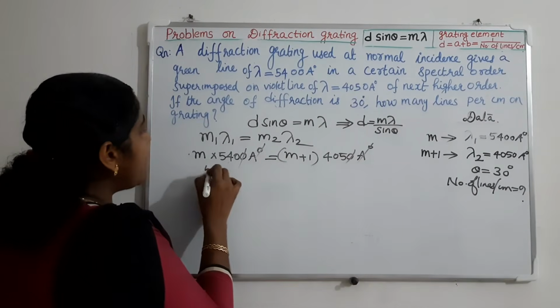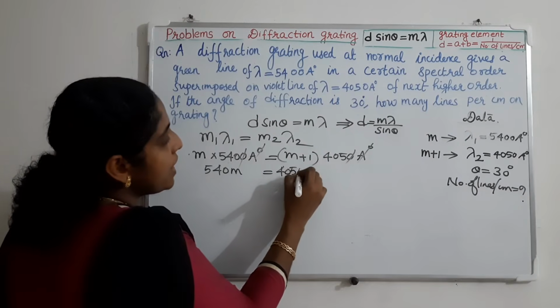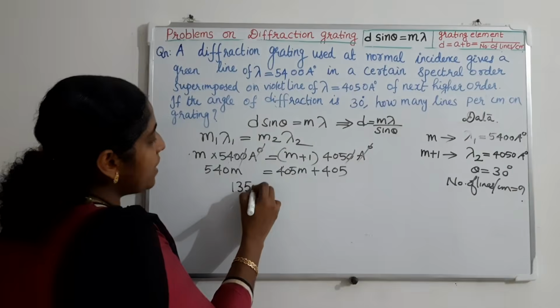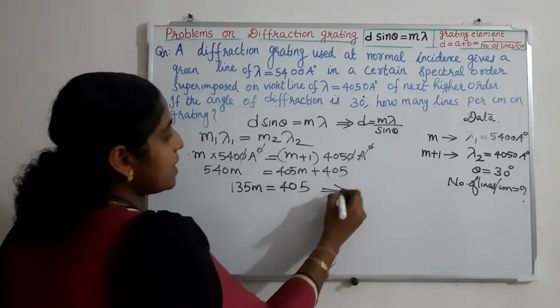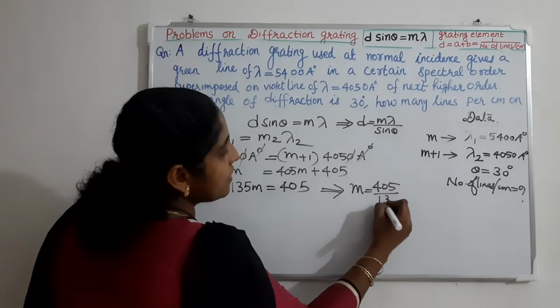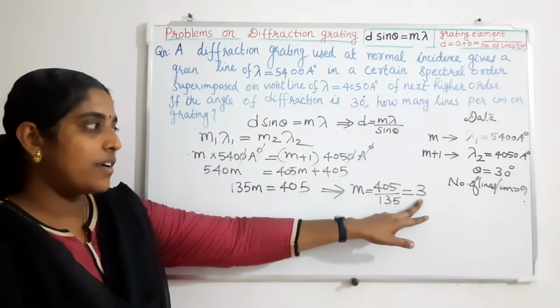So we will get 540 m is equal to 405 m plus 405. That is 135 m is equal to 405. That is m is equal to 405 divided by 135, that is equal to 3. So we got the order as 3.